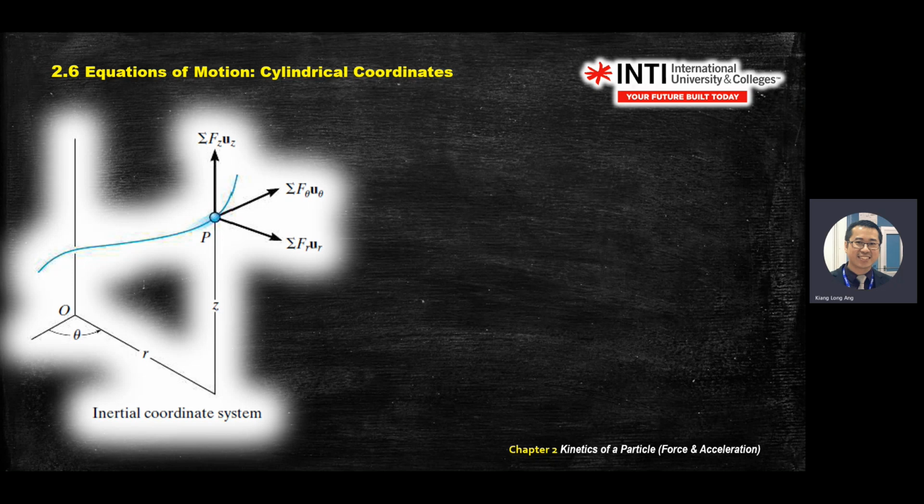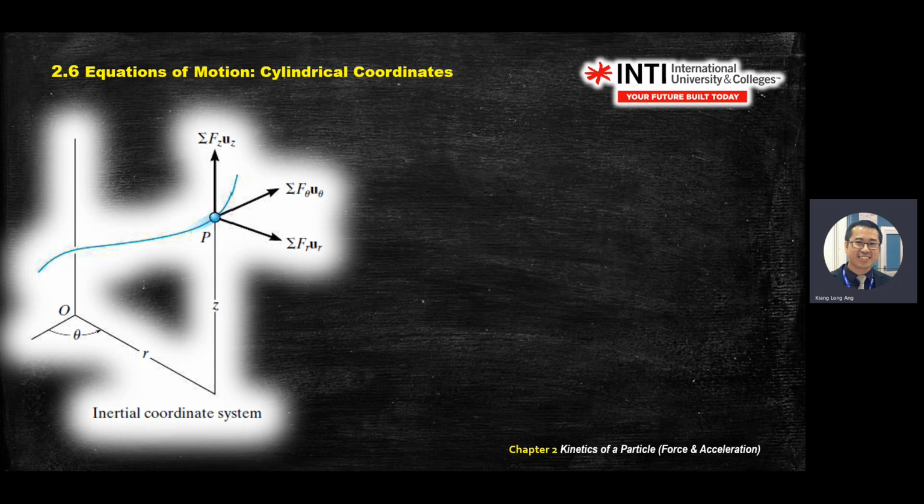So three axes for cylindrical coordinates: radius, theta, and z.